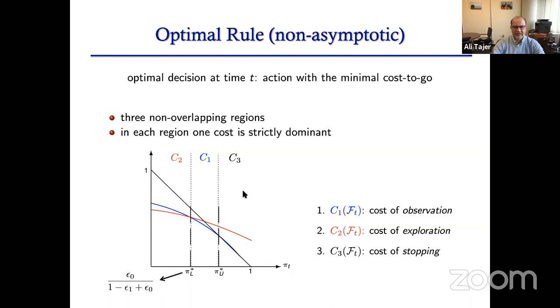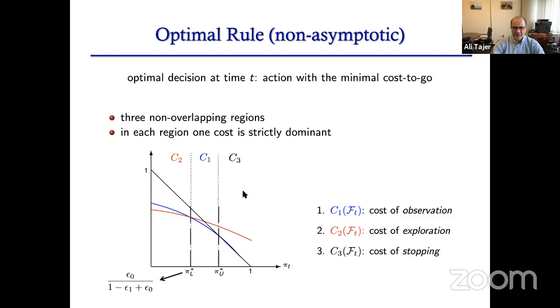If it falls within that range, without knowing the values of the functions C1, C2, C3, we can say that C2 is the dominant value, and we take the action corresponding to that. Likewise, in the middle range, the cost associated with C1 is the smaller, and then in the third range, the cost associated with C3 is the smallest.